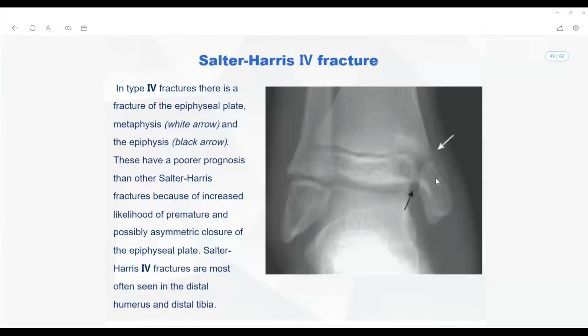Now right now you see here, this one has got its own growth plate, this part has got its own growth plate, so this one will grow separately, this one will try to fuse separately. Now what happens? This part will completely get filled up here, so there will be a permanent angular deformity.